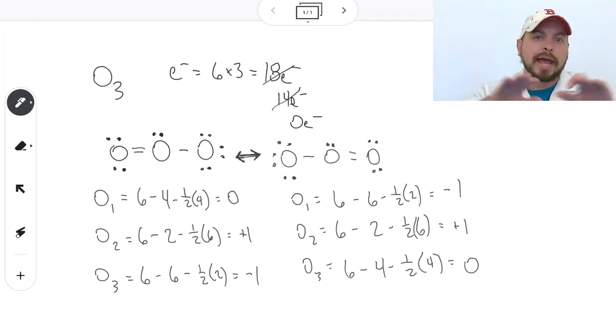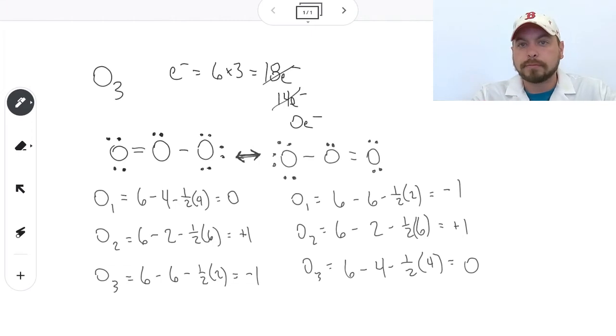Well, if we average the formal charges across the compound, the left oxygen has an average formal charge of -1/2, which is better than -1. The oxygen on the right also has an average formal charge of -1/2, which is better than -1. And the formal charge of the middle one is, in both cases, +1, so that's going to be the same.